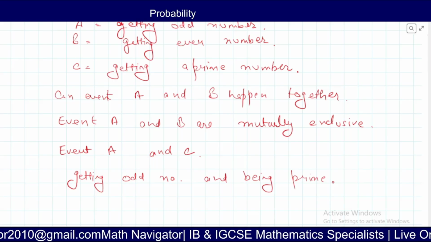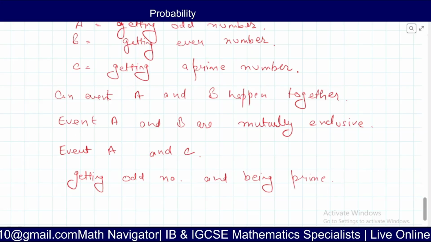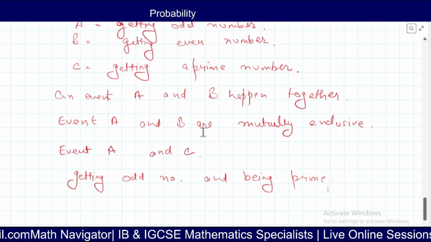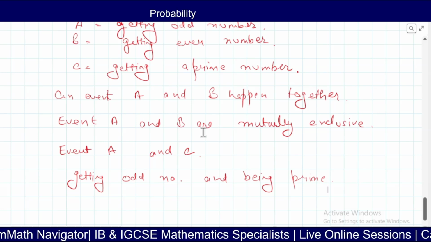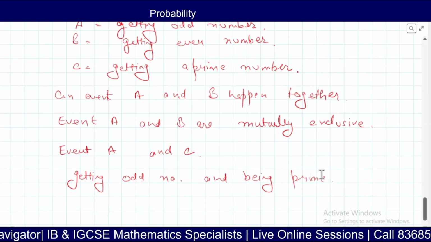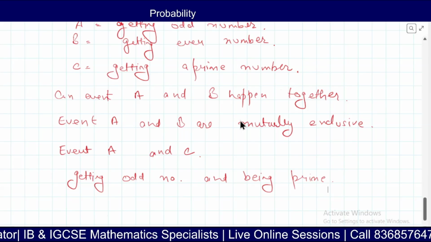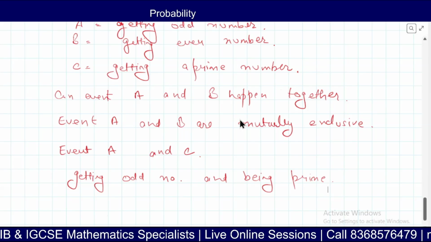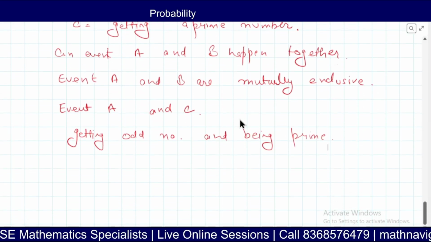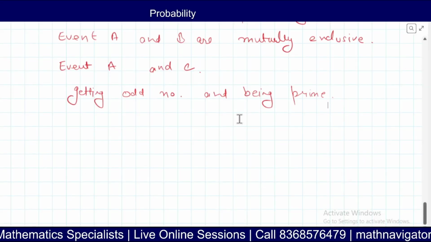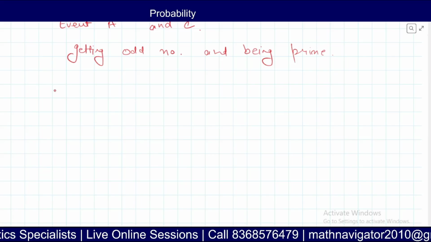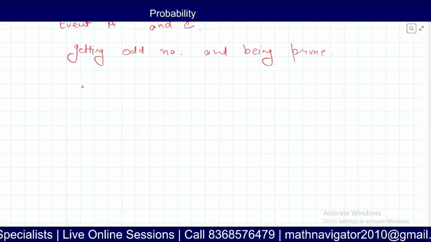Yes, getting an odd number and being prime, because the number can be 3, which is an odd number as well as prime. So these are not mutually exclusive events. I hope you have understood the difference between mutually exclusive events and events that are not mutually exclusive. Now I'll talk about independent and dependent events.